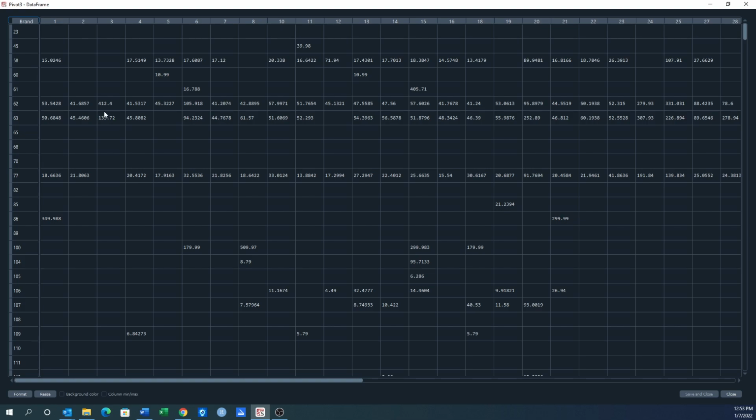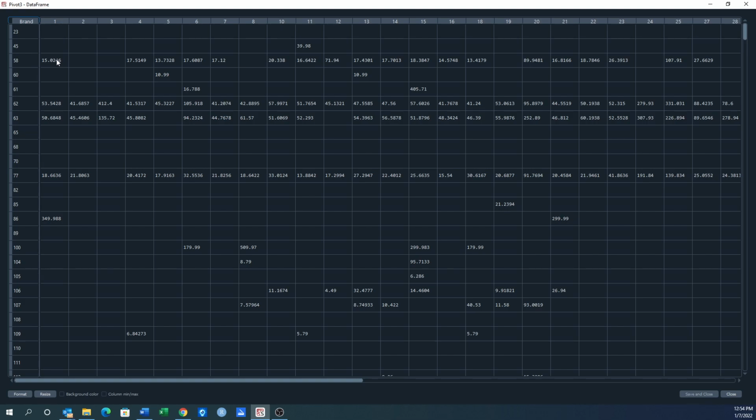Is this the average of sales for brand 58 in store 1 for the year, or is this the average that's conditional on making a sale?